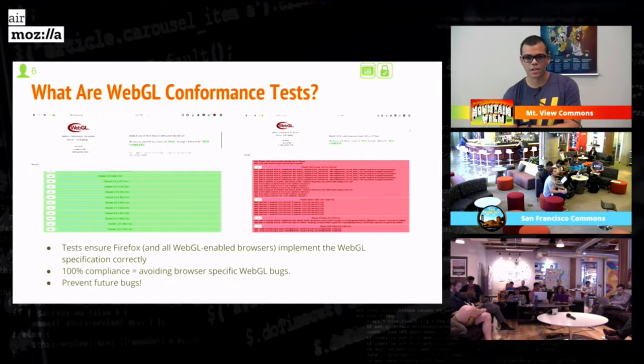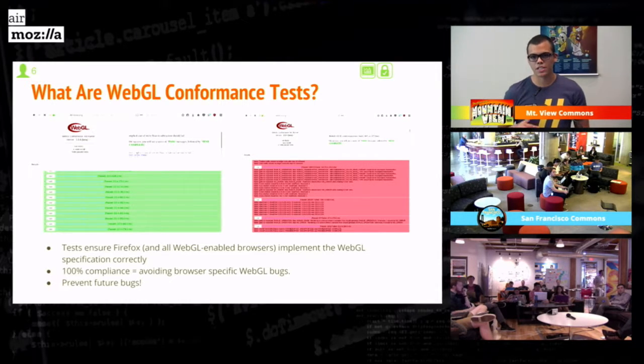If our implementation of WebGL didn't do that correctly, somebody developing a WebGL application might find it works well in Microsoft Edge or Google Chrome, but when they go to Firefox, they hit a weird specific bug because we're not implementing something correctly. The entire point of the conformance test is to make sure that when people use WebGL in Firefox, it behaves like it's supposed to. So it allows us to prevent future bugs and ensure everything works correctly.